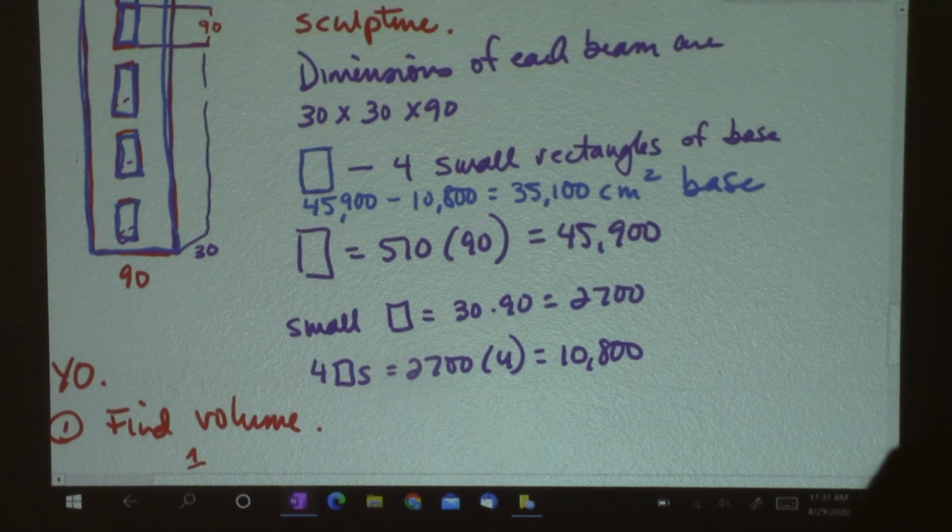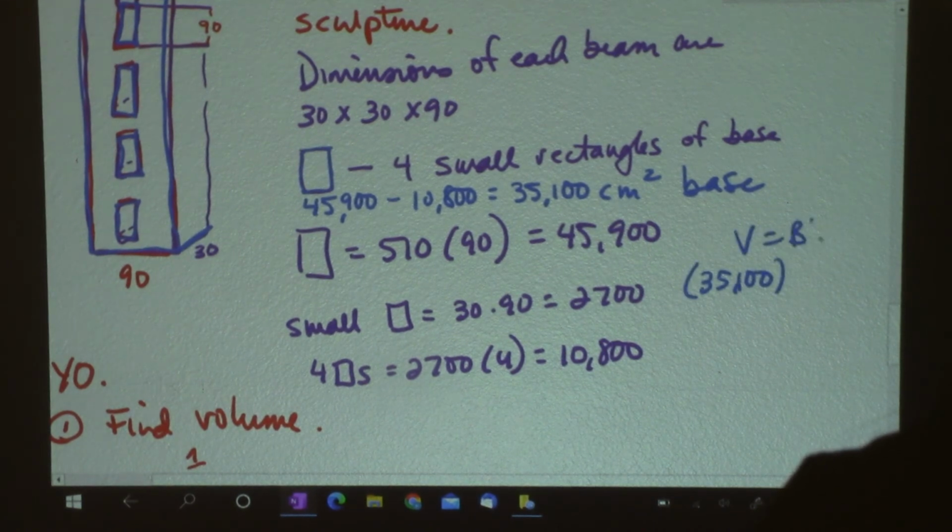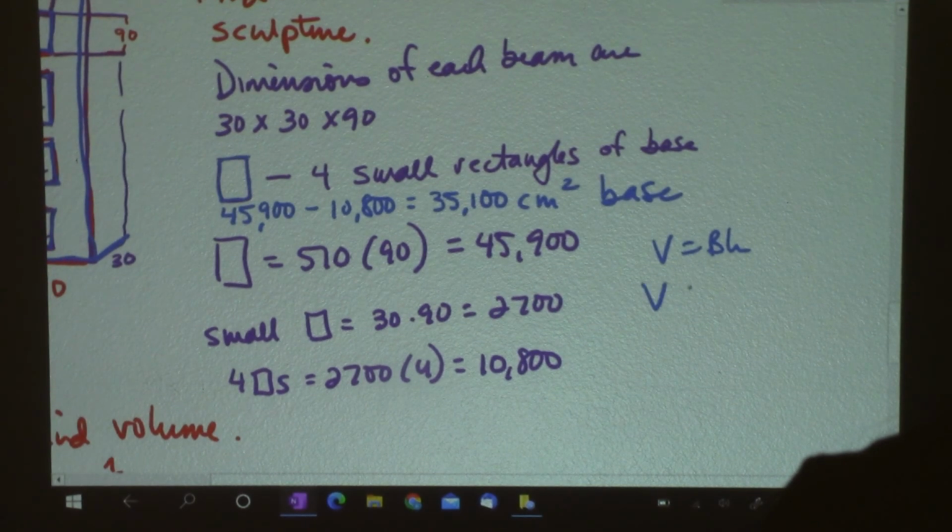Now I'm going to multiply that by 30 because I already took the pieces out. So I'm going to take this, the area of the base, times the height. Sorry, I'm going to move it over a little. The volume is going to be 35,100 times the height, which goes back this way, and that's 30.